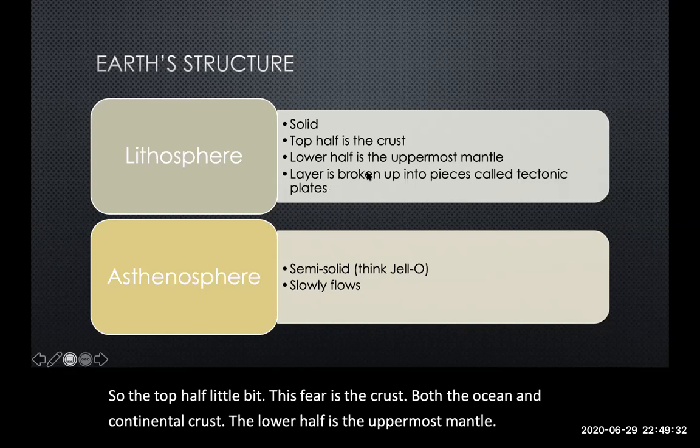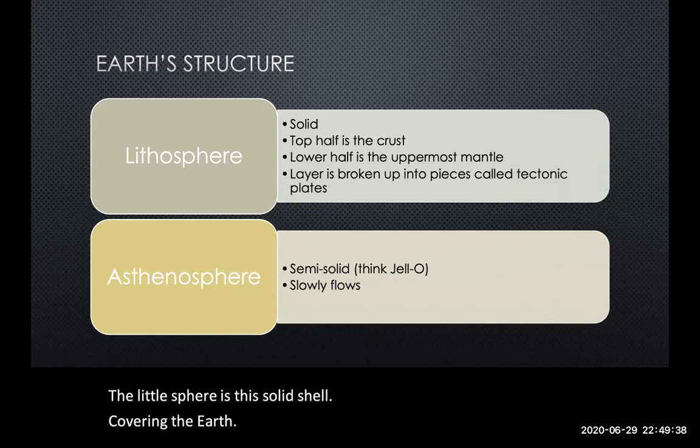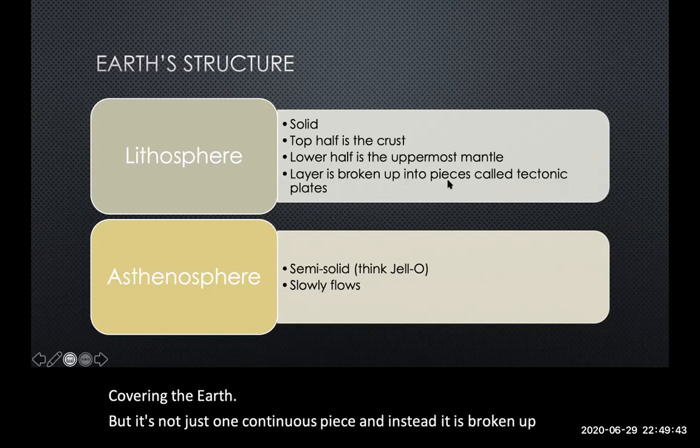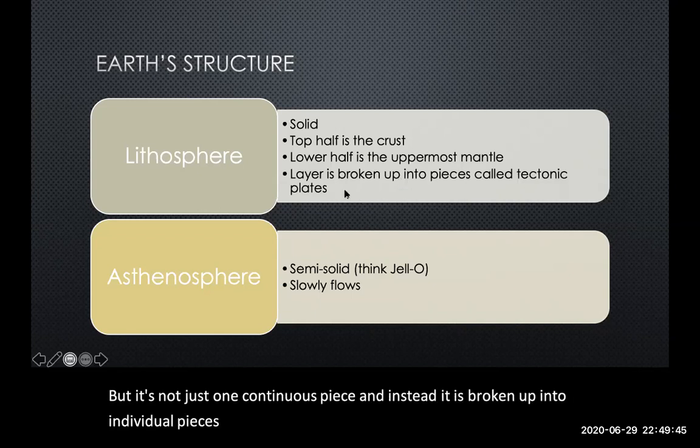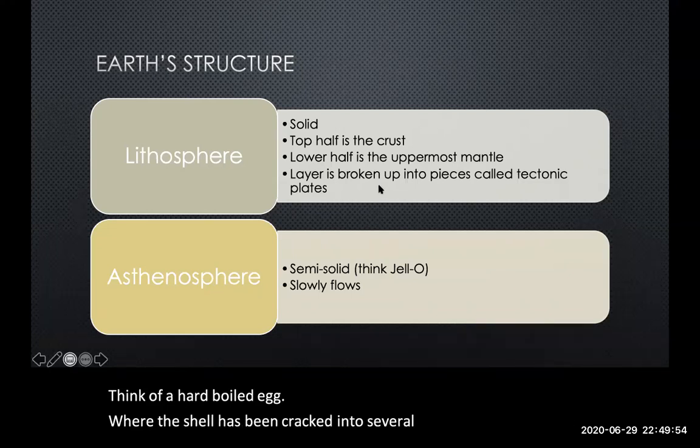The lithosphere is this solid shell covering the Earth, but it's not just one continuous piece, and instead it is broken up into individual pieces called tectonic plates. Think of a hard-boiled egg where the shell has been cracked into several large pieces.